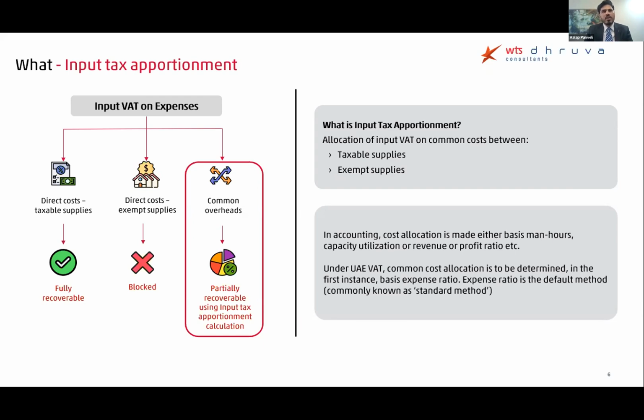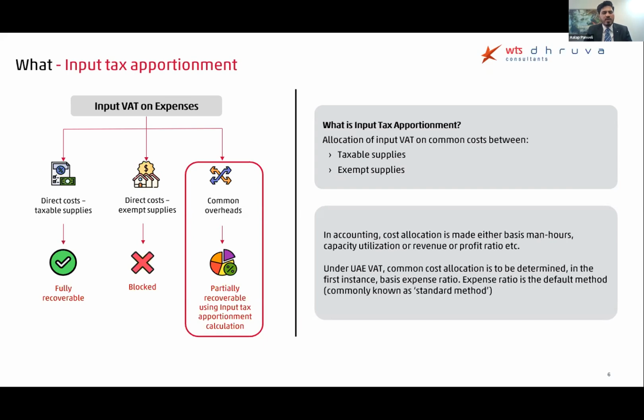So here, one point that I want to highlight to everyone is that it's very important that you bifurcate your expenses correctly. We've seen in refund cases and audit cases where the FTA asks for the apportionment calculation, and then they point out that this expense you have classified as common, and this expense you've classified as fully taxable. Why?